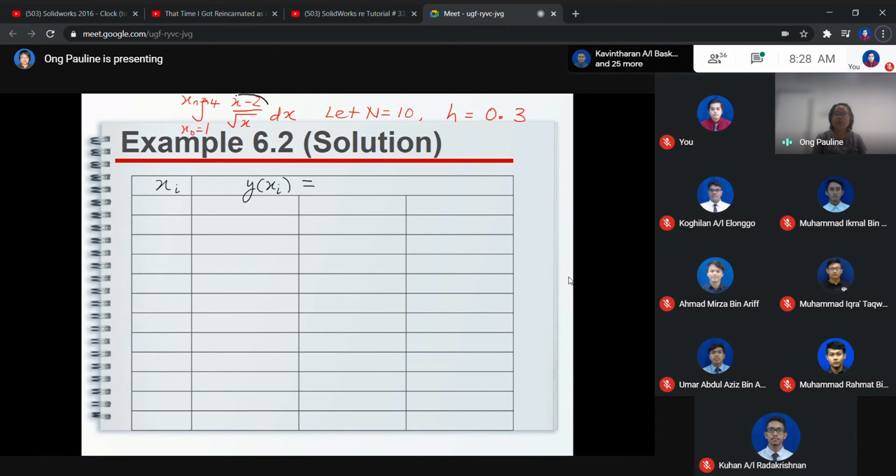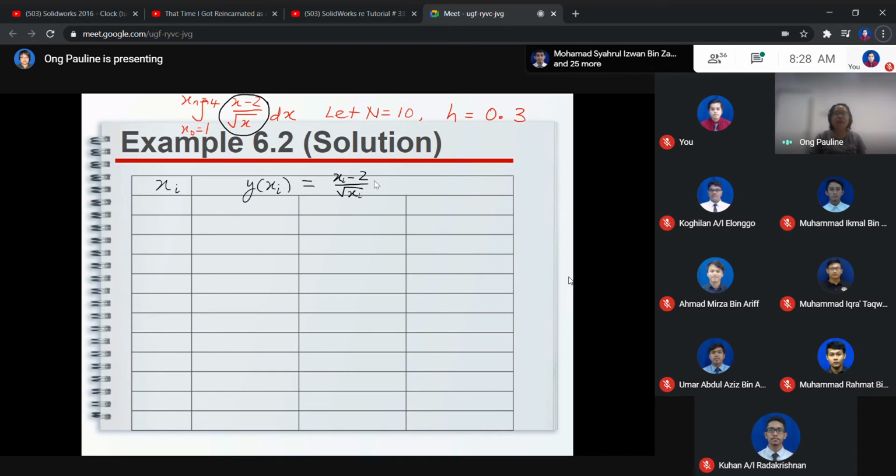The function that we want to integrate is x minus 2 over the square root of x. So I just copy down (x minus 2) divided by the square root of x here.